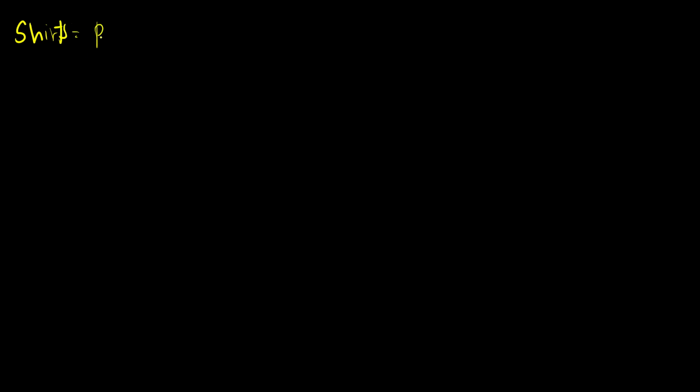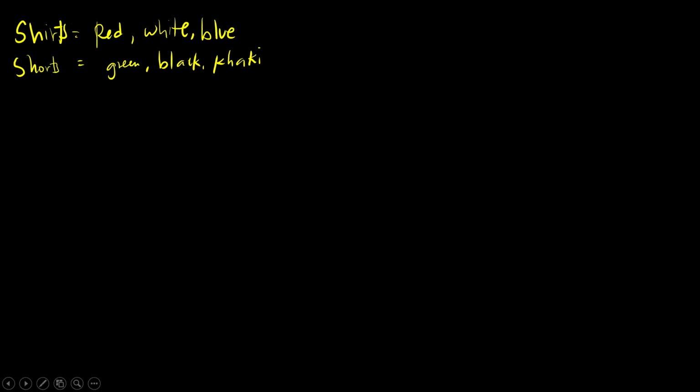'Di ba meron siyang red, may white, and may blue. Then, for the shorts, ang meron siya ay green, black, and a khaki shorts. Now, ang tinatanong ay ano-ano yung possible combinations na meron siyang pwedeng isuot na consisting of shirts and shorts.